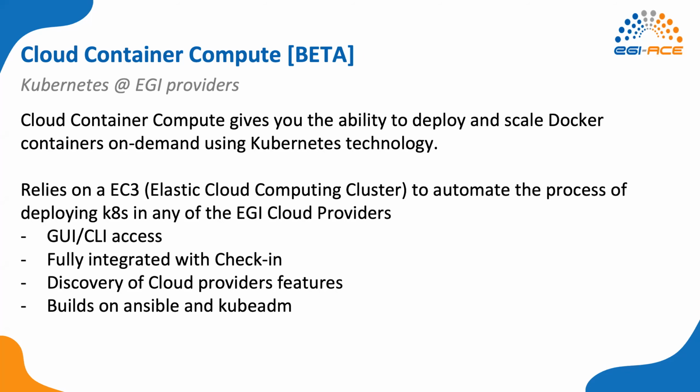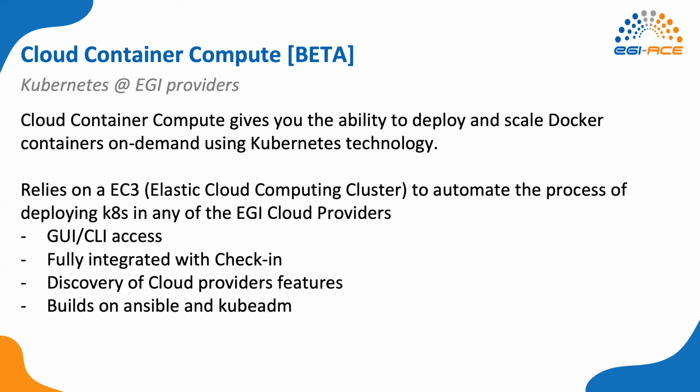That's what we try to do with the Cloud Container Compute service, which is still in beta, but it's quite available for use right now. This service gives you the ability to deploy and scale Docker containers on demand using Kubernetes. It relies on EC3, the Elastic Cloud Computing Cluster system, to automate the process of this deployment.